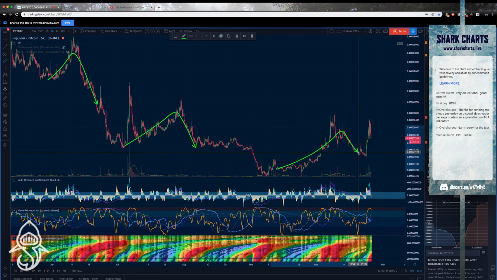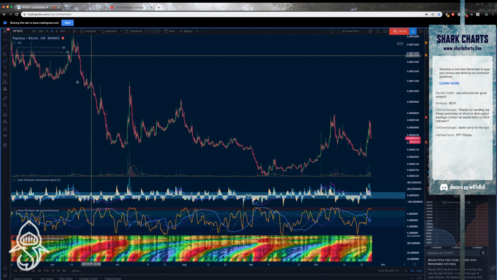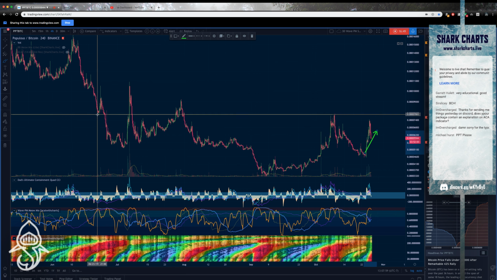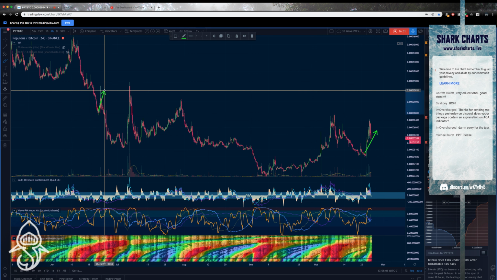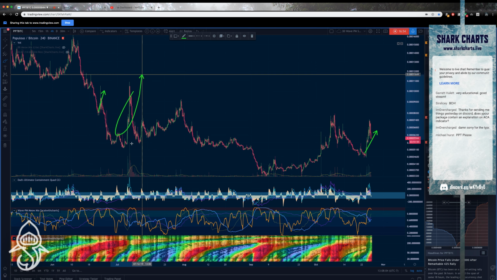So if we're getting that same structure again, is this move here the swing high of the fall off? Or is it the initial pump of a new taper? I don't know. Kind of hard to tell.